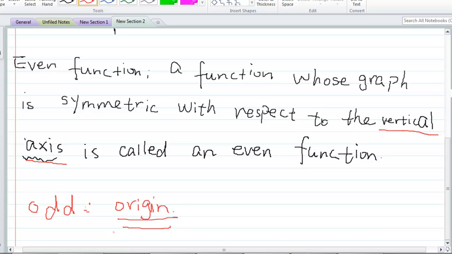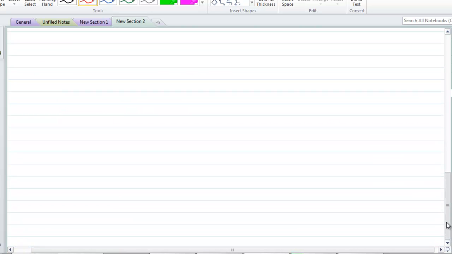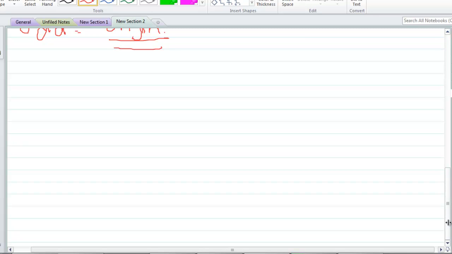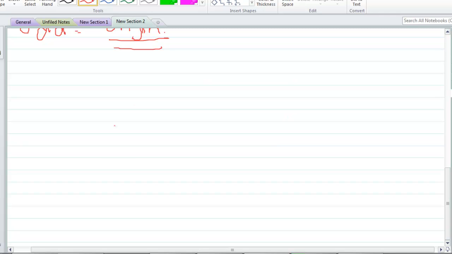Let's see an example, so it's not really that dry, and I can graph it out. It's a bit hard using the software. So the even function would look like this.